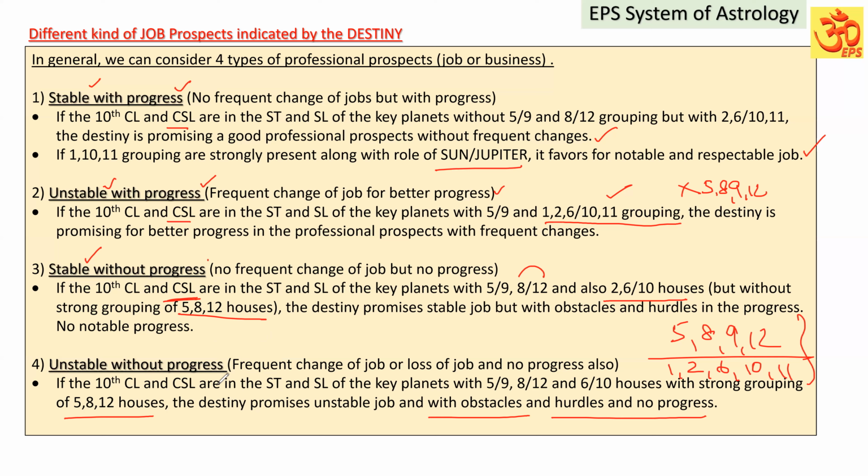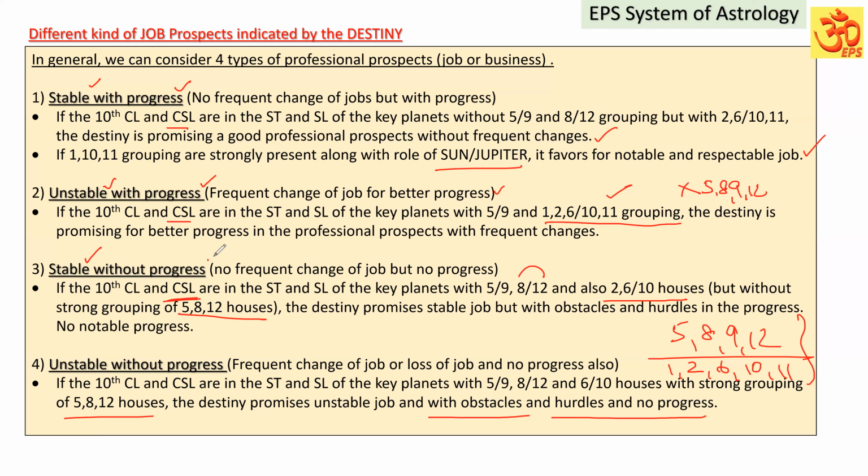So when we are studying the destiny, we have to check which category the native falls under, whether stable or unstable, with progress or without progress. While studying the kind of job prospects, we have to check which are the favorable key planets and which are the unfavorable key planets making the destiny fall under any of these categories.